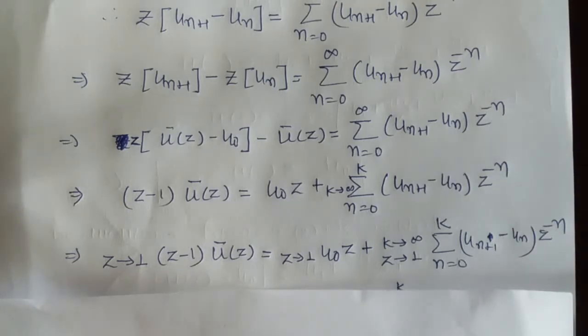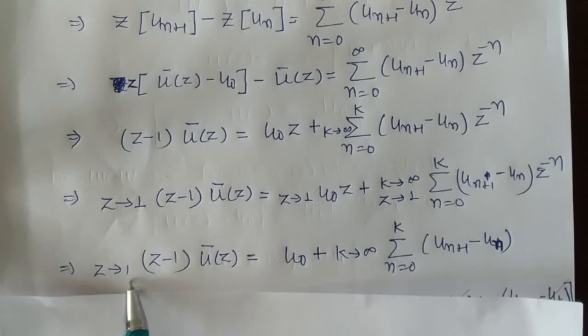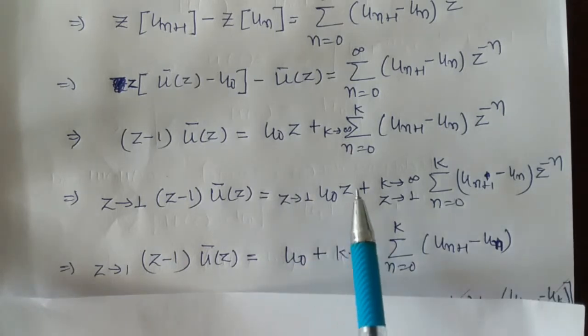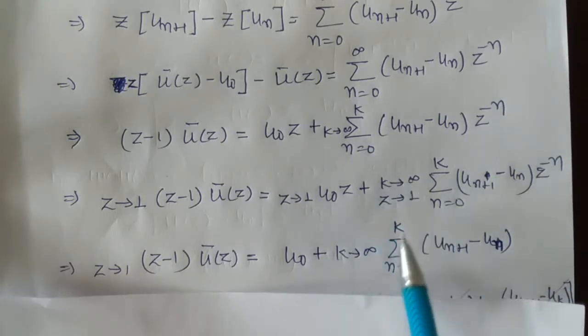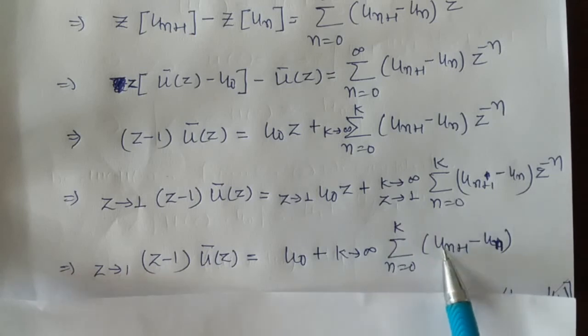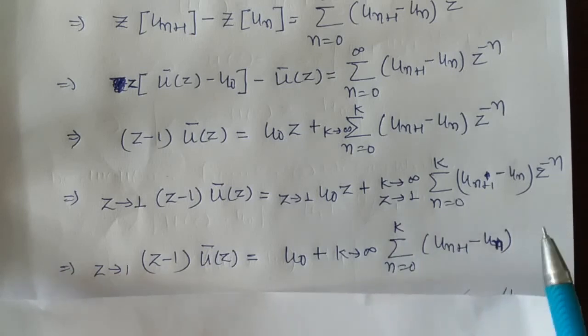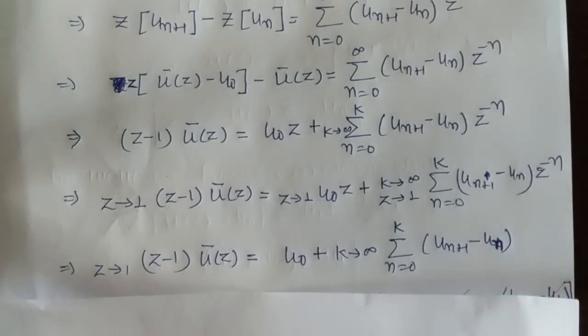Now we have the limit as z tends to 1 of z minus 1 into u bar z on the left hand side as it is, equal to, here z tending to 1 gives u0 plus the limit as k tends to infinity of the summation n goes from 0 to k of un plus 1 minus un, and z tending to 1 gives 1 here.